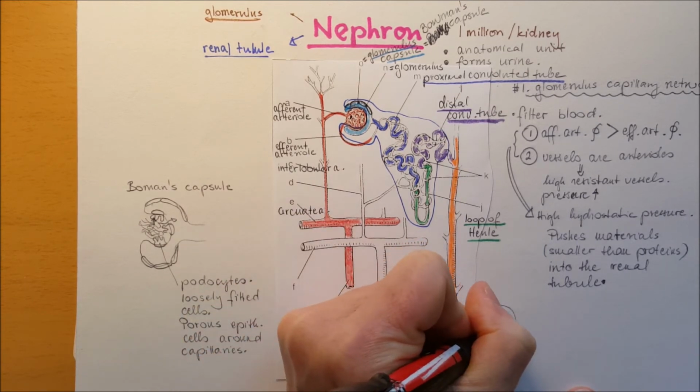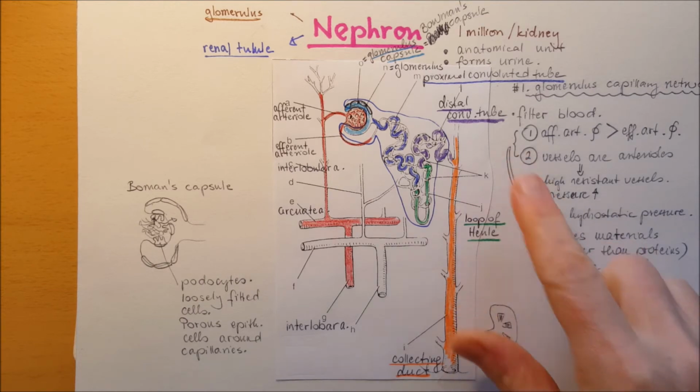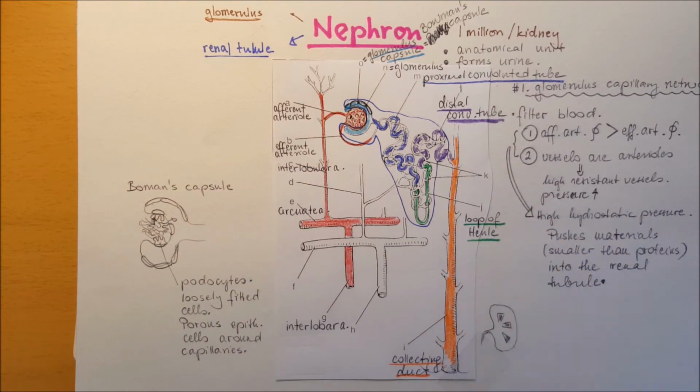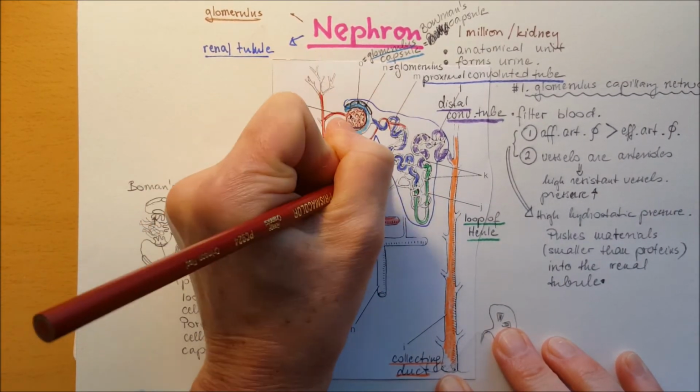Remember that the pyramids have a striated appearance, and the collecting ducts are what give the pyramids that striated appearance, and they move into the minor calyces through the papillae of the pyramids.